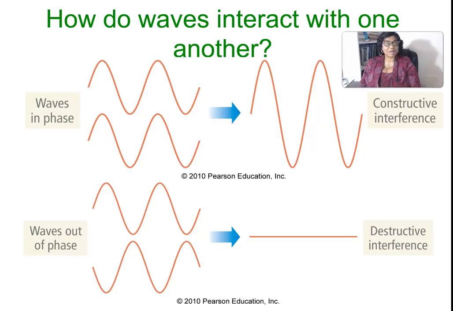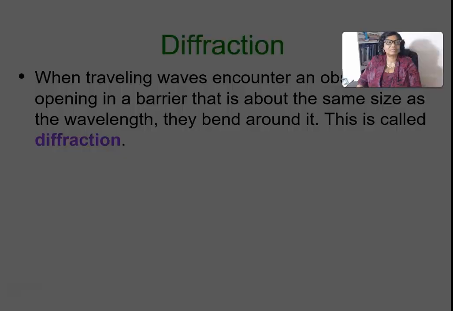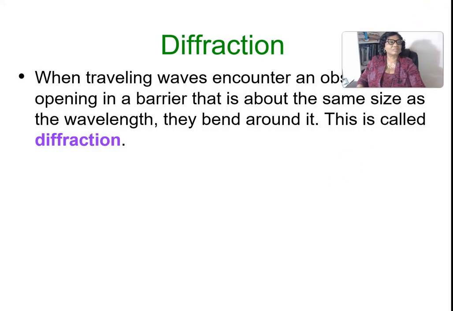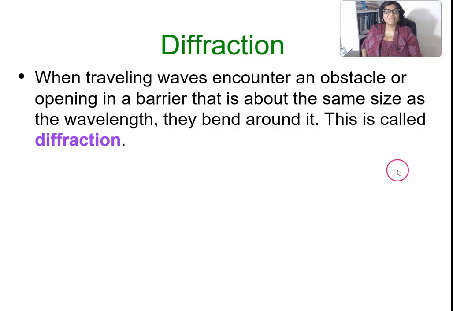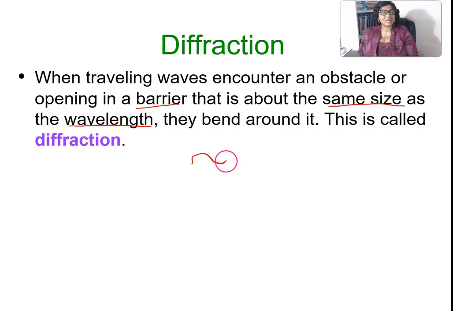After we have talked about how waves interact, let's look at a term, diffraction. When traveling waves encounter an obstacle or opening in a barrier that is about the same size as the wavelength, they bend around it. Take note, wavelength: we are talking about this point to this point.